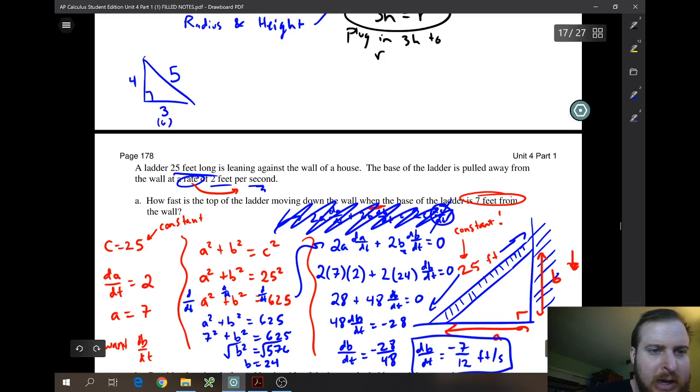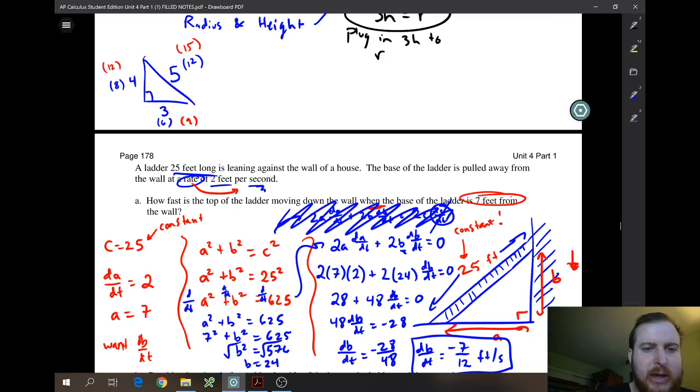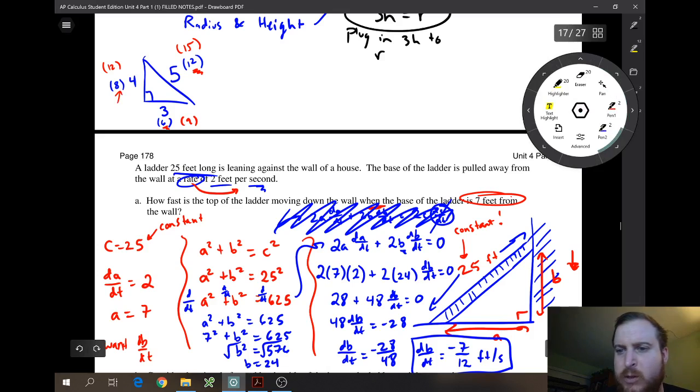So 6 and 8, that's multiplied by 2, we would end up with 10. Or, say 9 and 12, multiplied by 3, we would get 15. So if they gave you a triangle that had 12 as a hypotenuse and 6 as a base, you could immediately be like, oh, that's a 3, 4, 5 triangle. So the height would be 8. So that's one of the ones to memorize.